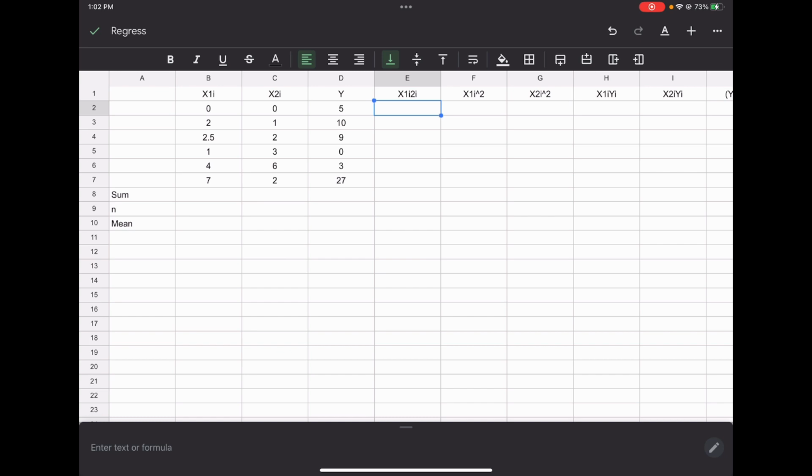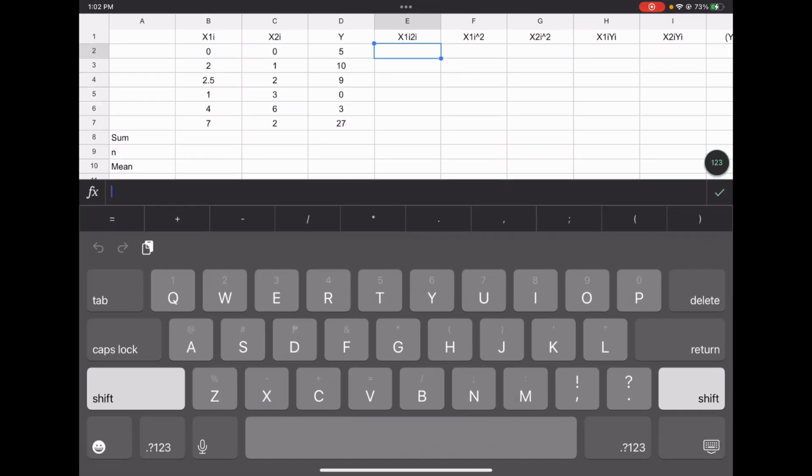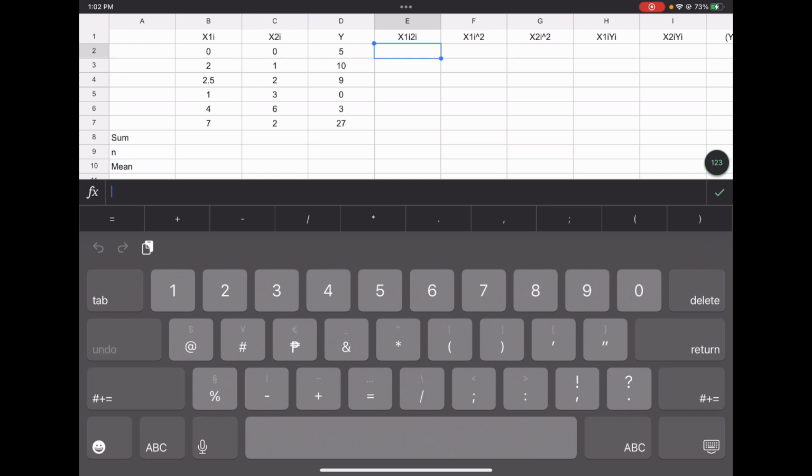Okay, so we need to find the product first of x sub 1i and x sub 2i. We just simply enter our equation, which will be equal to this one, and we multiply it with c sub 2.